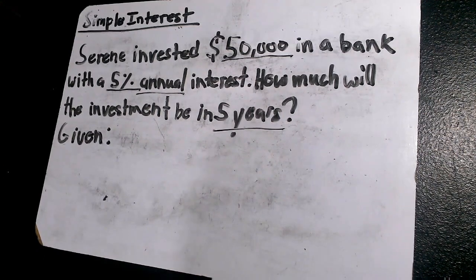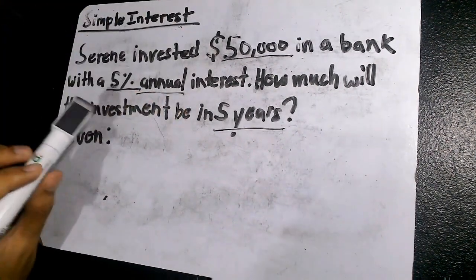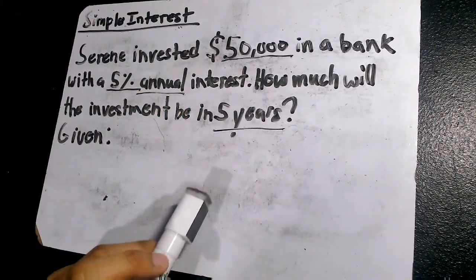First, determine the given information. We have $50,000, 5% annual interest, and 5 years.